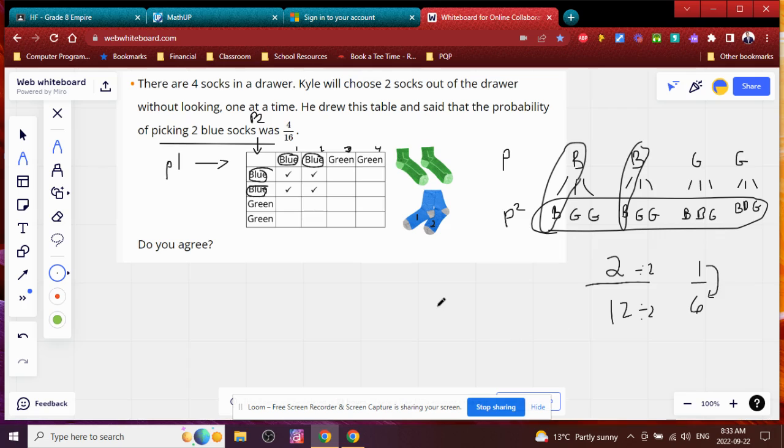If we take 1 and divide it by 6, we end up with the decimal 0.1666667, and so on. So we have decimal 0.16, and we'll just put 7 there. If we take that and multiply it by 100%, we end up with a 16.7% chance that he will end up pulling 2 blue socks based on this experiment that he's trying to run.